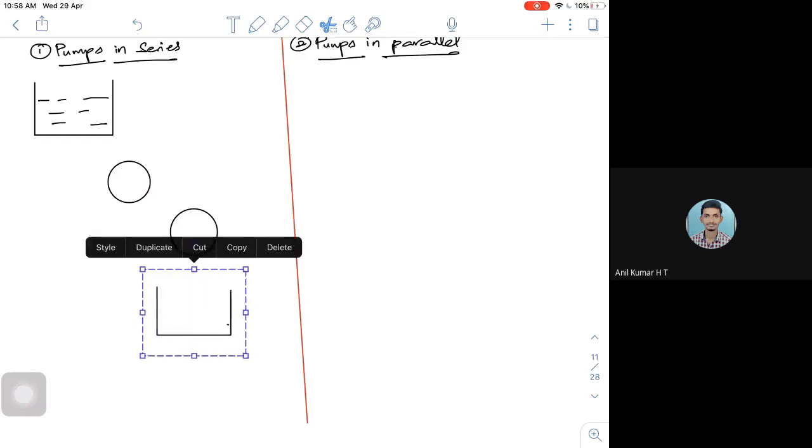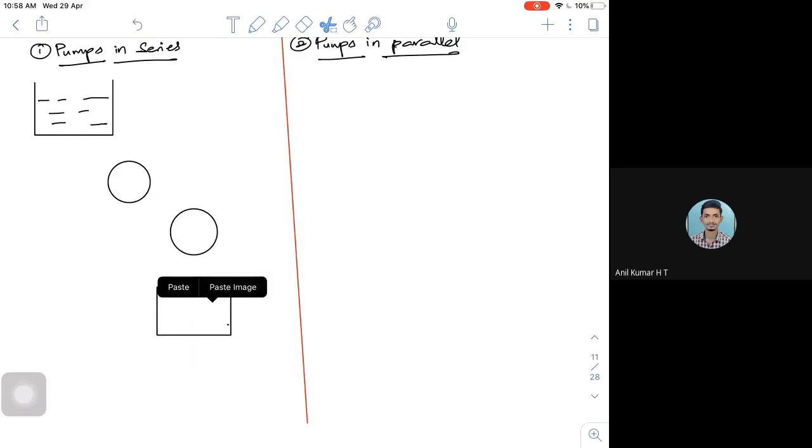This is my reservoir at the bottom level, my sump, and this is my overhead tank. This is my pump 1, this is my pump 2.